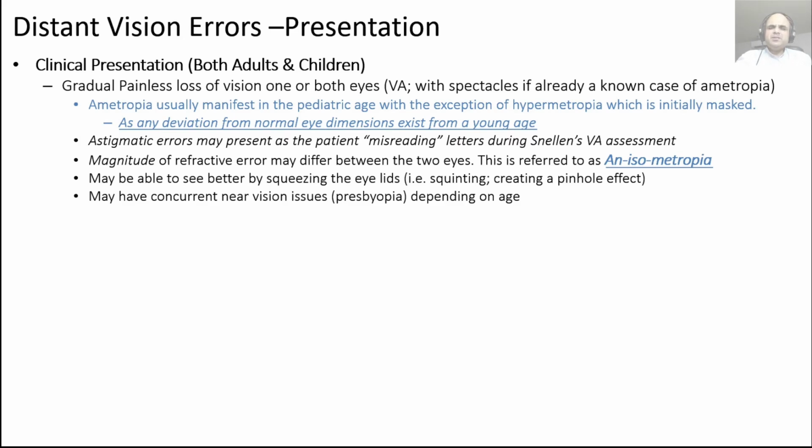Many patients would come and say, if I squeeze my eyes, I can actually make things better, which is producing a pinhole effect. And if they are of that age, they might have concurrent near vision issues. So they can have a distant refractive error as well as a near refractive error, i.e. a mixed type, which is pretty much understandable and is a function of age.